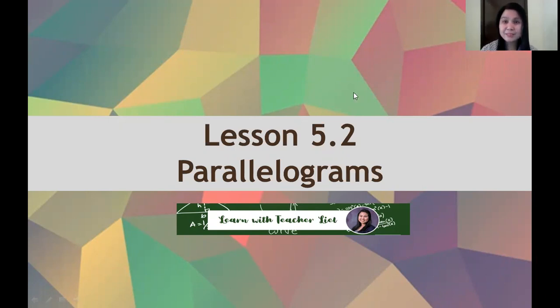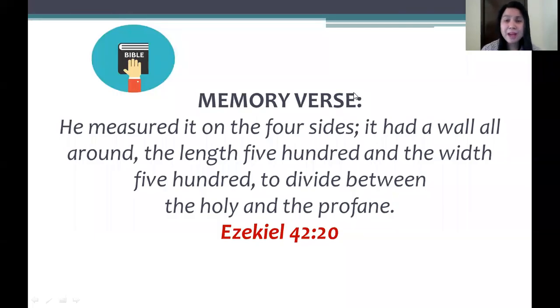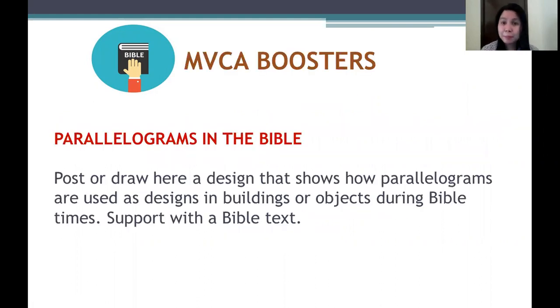Let's recite today's memory verse, found in Ezekiel 42:20. It says, "He measured it on the four sides. It had a wall all around, the length 500 and the width 500, to divide between the holy and the profane." Your MVCA booster today is about parallelograms in the Bible.